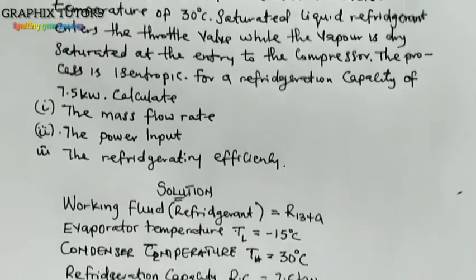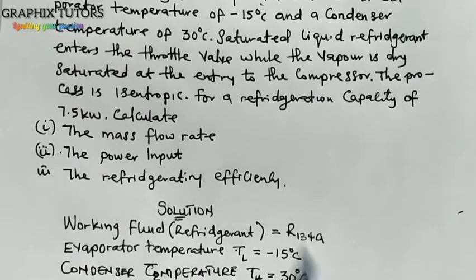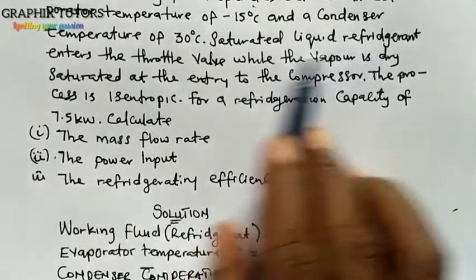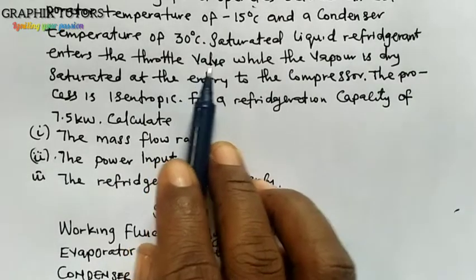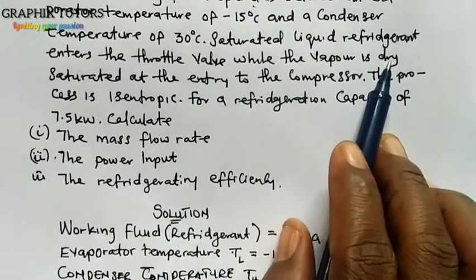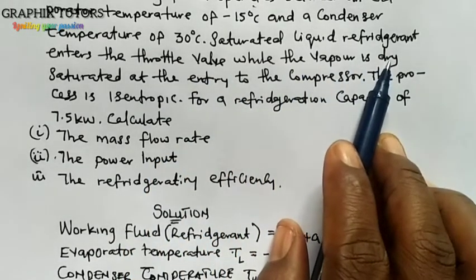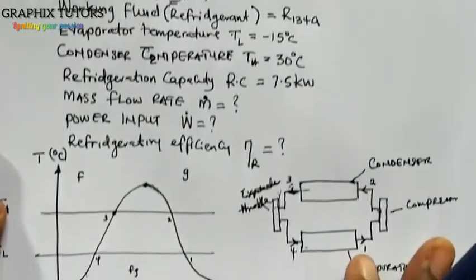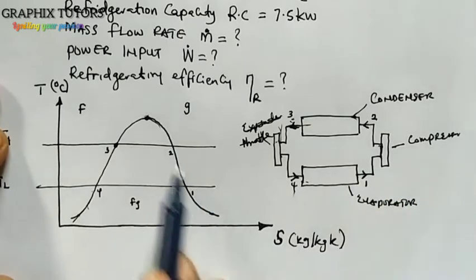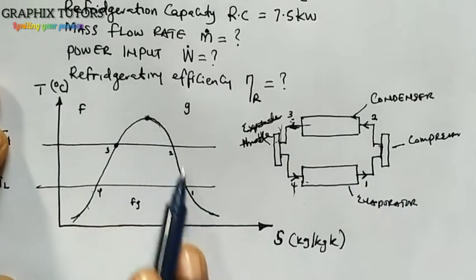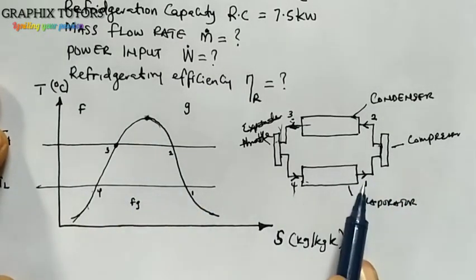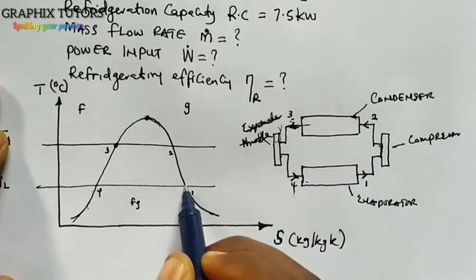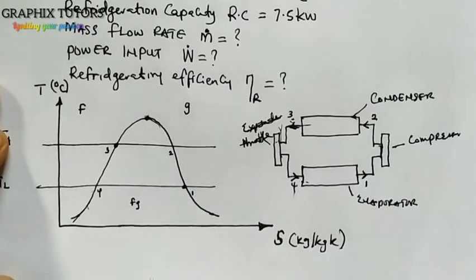From here now, it says the refrigerant enters the throttle valve while the vapor is dry, saturated at the entry to the compressor. Now it says saturated vapor, which is dry, at the entry of the compressor, which is state 1. So this point here is the entry of the compressor.